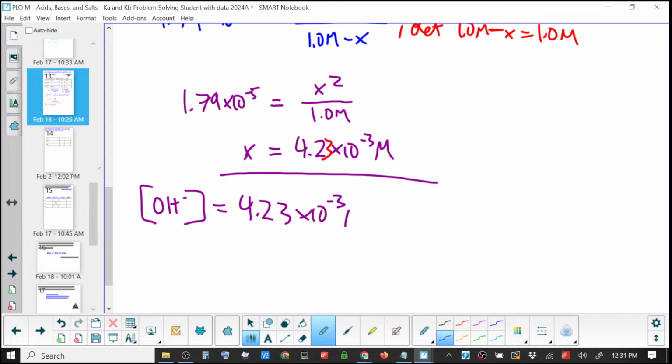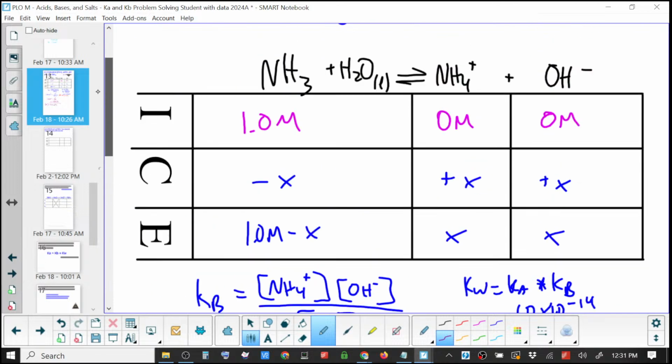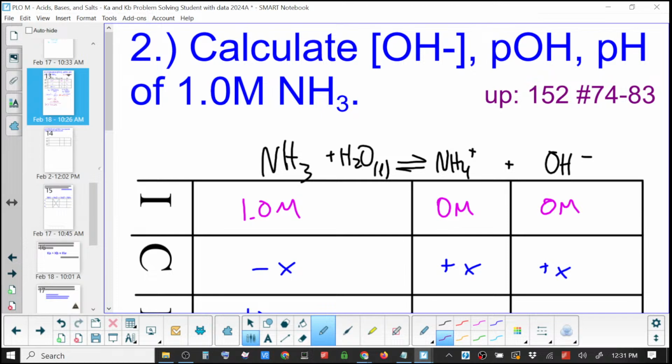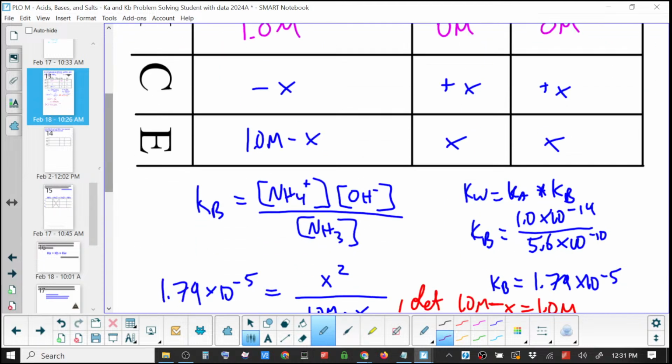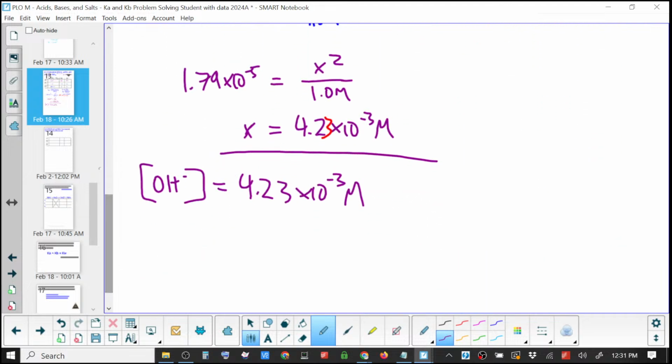And it's a good habit to have that regardless, because let's say I didn't ask you for the concentration of OH minus, but I gave you the pH, so you had the equilibrium value, and I asked you to find the starter amount. Then you'd have to take it and subtract it from X, and you'd have one more step. If you always go back and double check your table and make sure that X and the thing are the same, that gives you a chance to go, oh, I've got one more step.